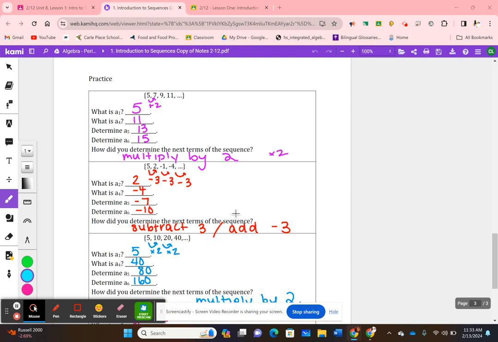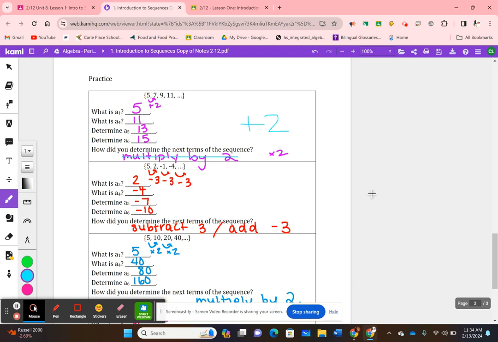So the pattern was increasing by 2, so it was adding 2. It says multiplying, but that's not correct. It should say adding 2, so plus 2. I'm just going to fix that for you. The next one started with a 5 and then a 2, so it was subtracting 3.